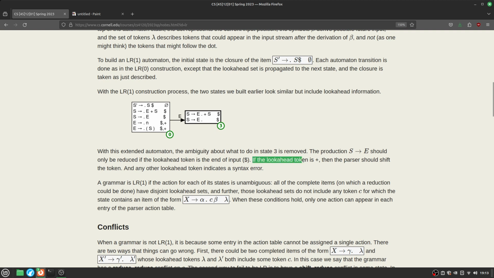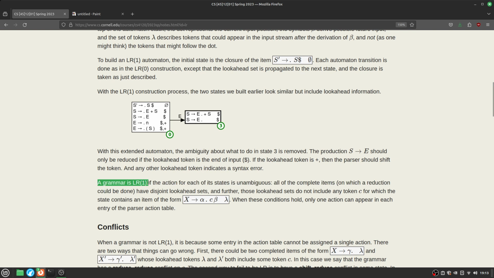If the look ahead token is a plus, then the parser should shift the token, and any other look ahead token indicates a syntax error. So in this case, the look ahead symbol is the end of input, therefore we should reduce on this state.